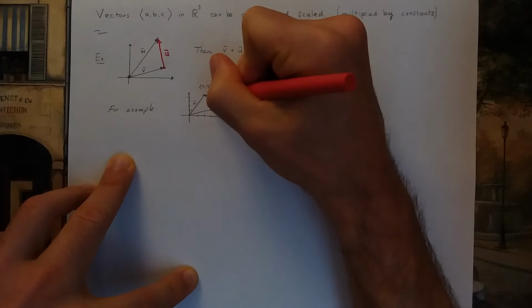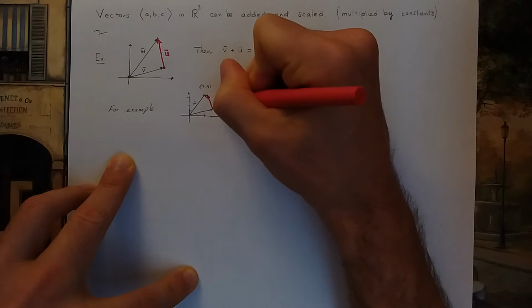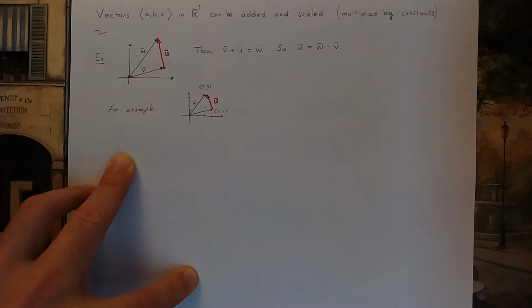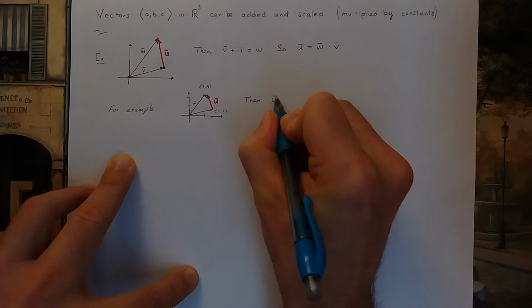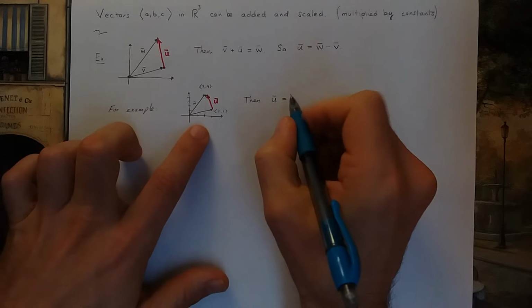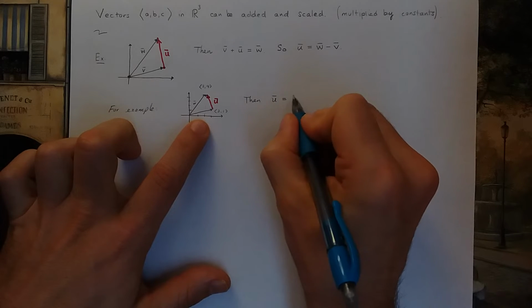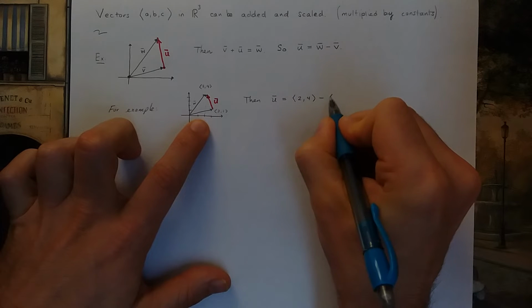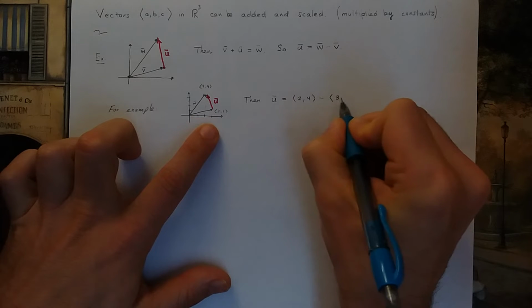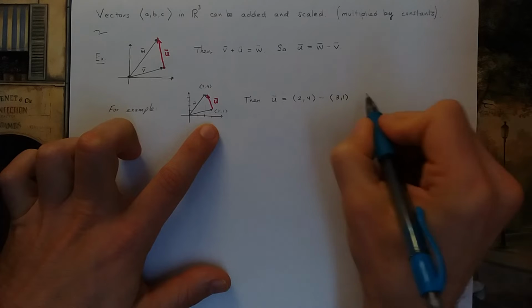So then the red vector that goes this way, let's call that vector u again. So then u is the vector w, 2, 4, minus the vector 3, 1.